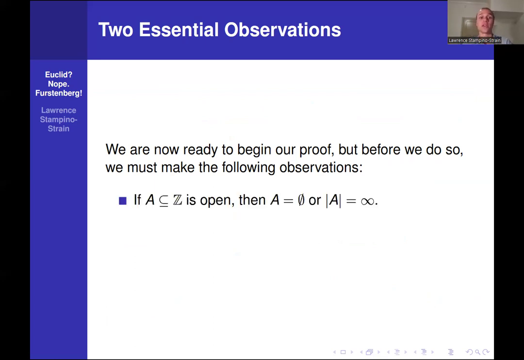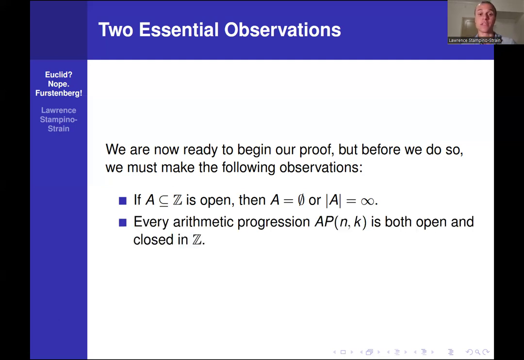The first observation is that if A, a subset of the integers, is open, then A is either the empty set or the cardinality of A is infinity. The second observation is that every arithmetic progression A(P, K) is both open and closed in the integers. So now we're going to focus on showing why the first observation is true.